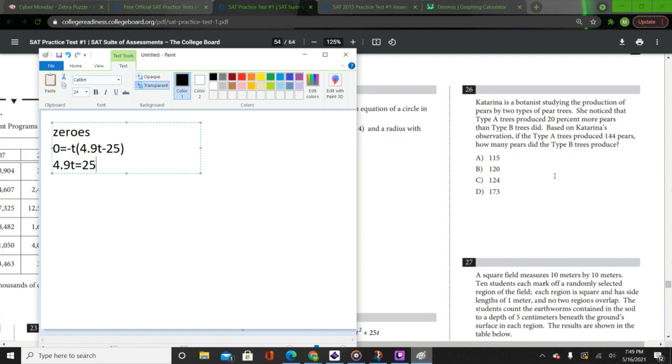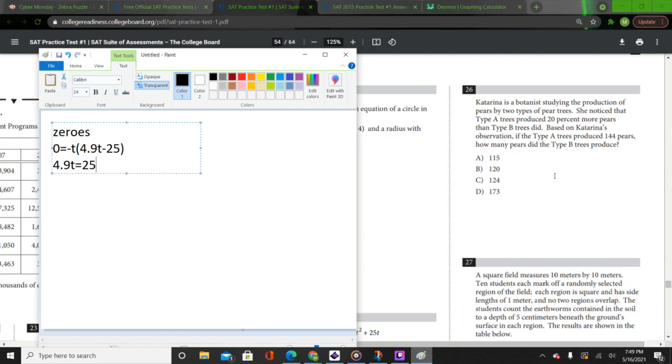All right, so for 26, Katerina is a botanist studying the production of pears by 2 types of pear trees. She noticed that type A trees produce 20% more pears than type B trees did. Based on Katerina's observation, if the type A trees produce 144 pears, how many pears did type B trees produce?